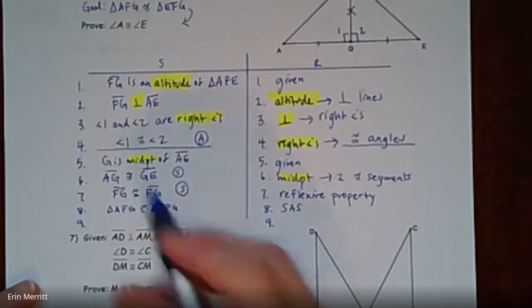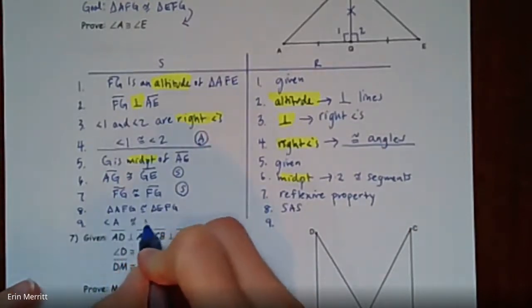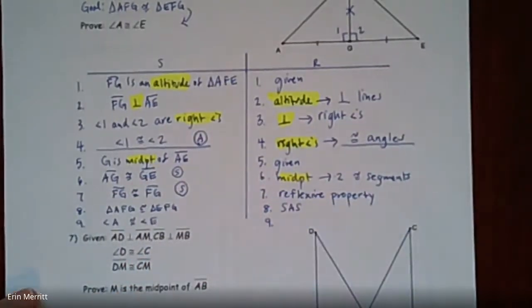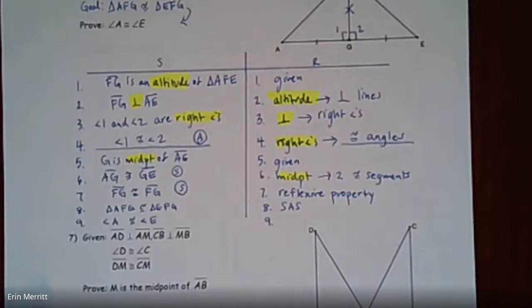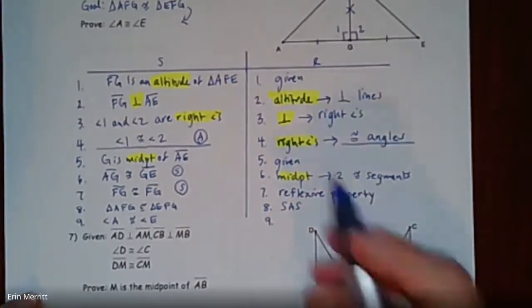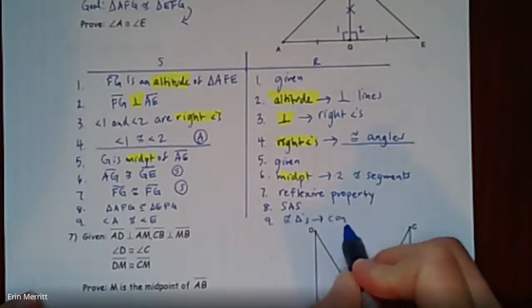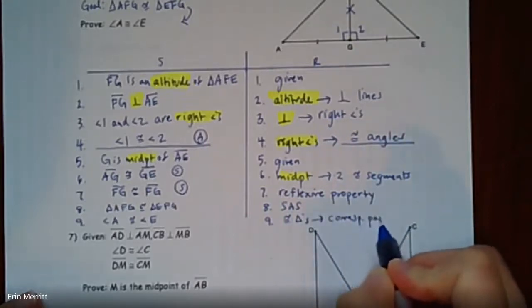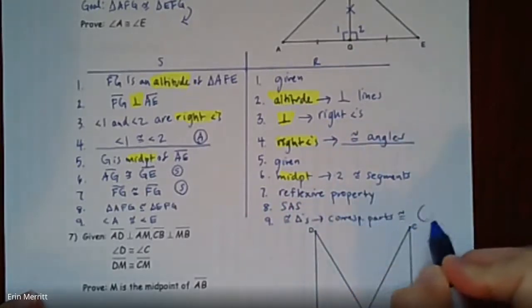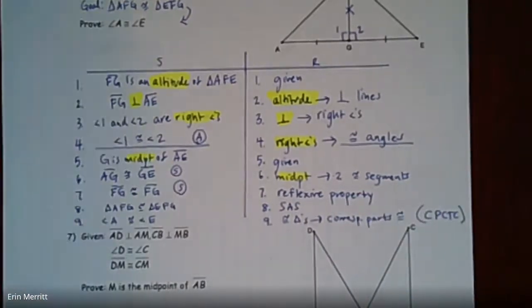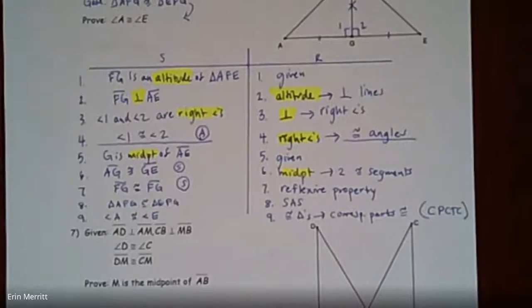So then I can finish up with angle A is congruent to angle E, and that is that final little step of corresponding parts of congruent triangles are congruent. Or you can write it as congruent triangles implies corresponding parts congruent, but I'll put it down here, CPCTC. Right? So there's nothing wrong with using CPCTC as long as you know what the heck it stands for.